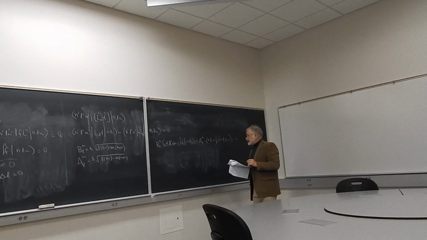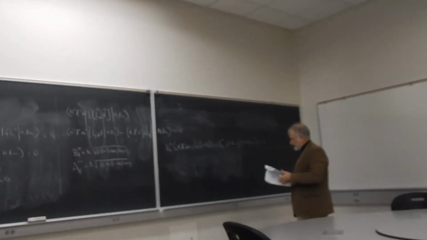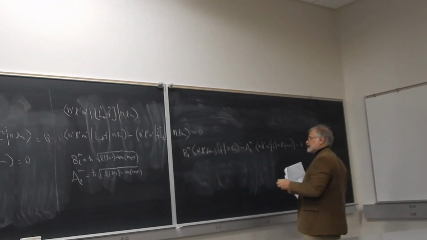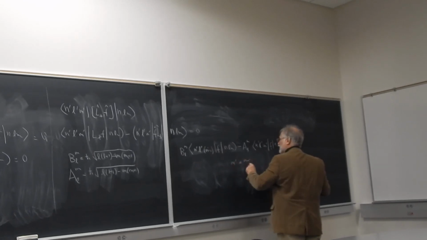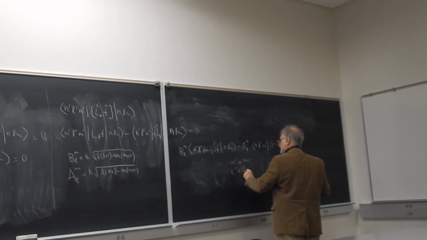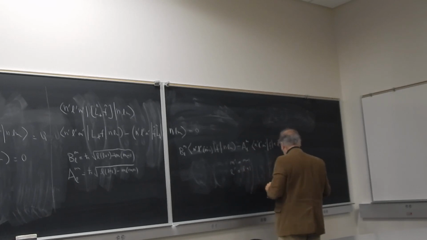Both terms in this equation are going to be 0 unless M prime is equal to M plus 1 and L prime is equal to L plus 1.